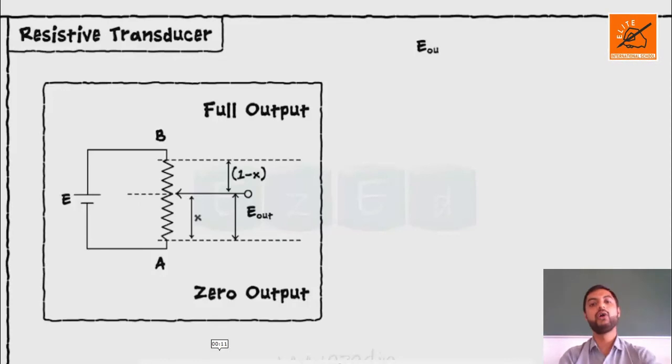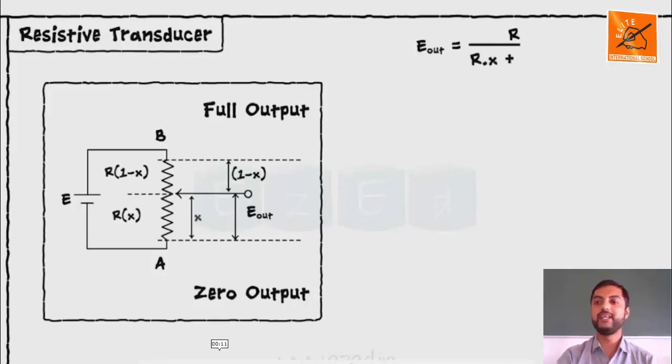Suppose the whole resistance AB is R, then we can say E out, whatever I have told you now, the voltage divider rule that we are going to apply over here.